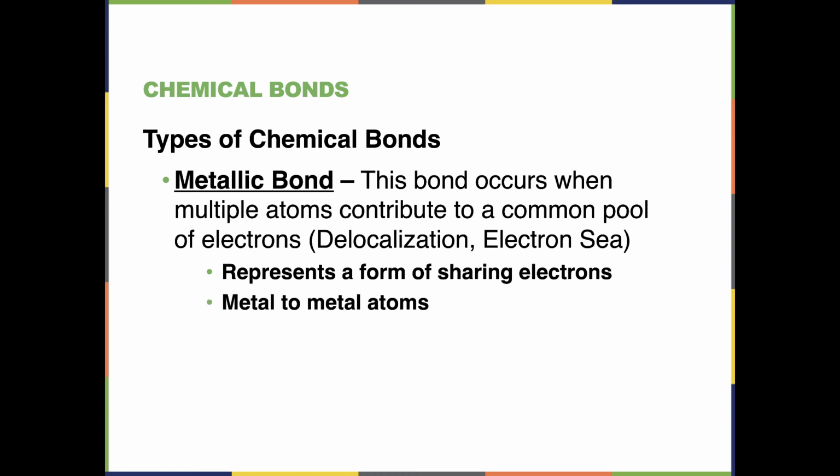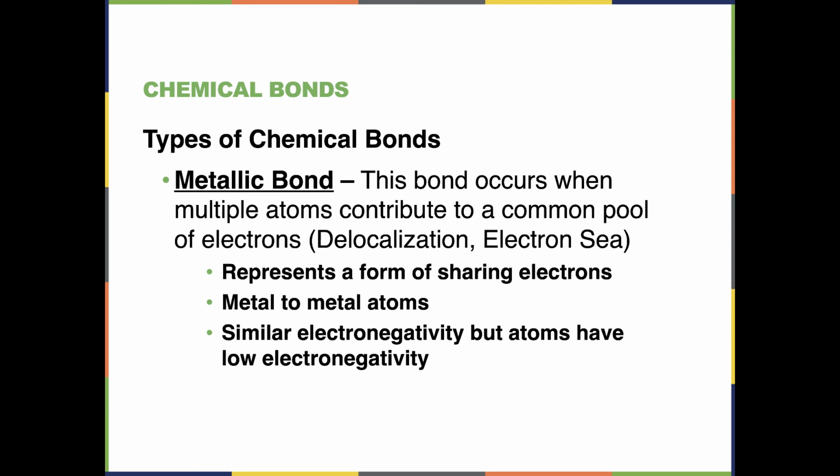It's metal to metal atoms, and it's atoms with similar electronegativity. However, they both have low electronegativity so that everybody's trying to give up electrons. And the properties come from the fact that the electrons are not localized.